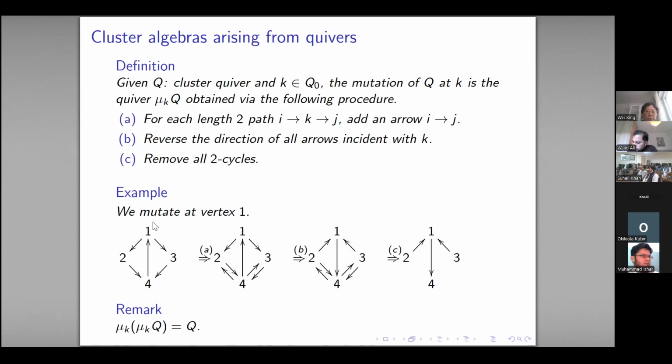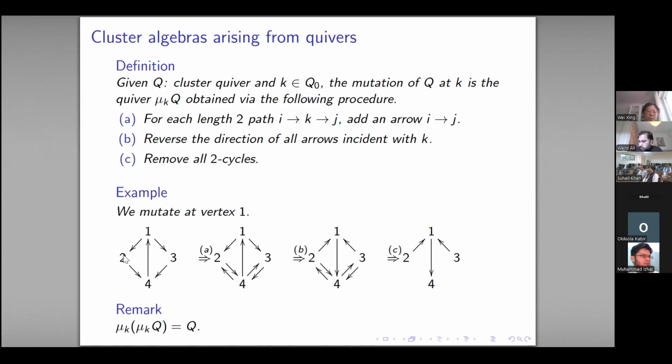So let's look at an example. We start from the following quiver, and we would like to mutate at vertex 1. According to step 1, whenever we have a path of length 2 that passes through k, we need to add an arrow.